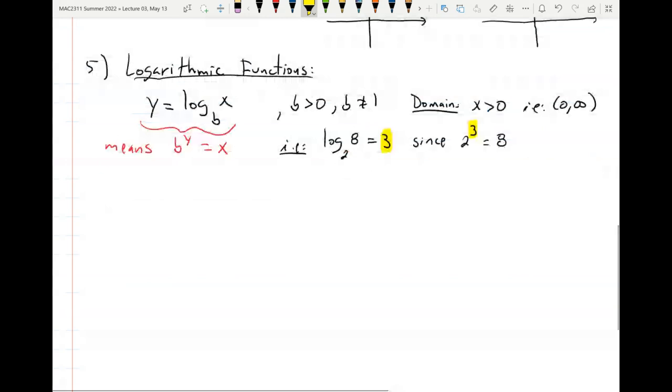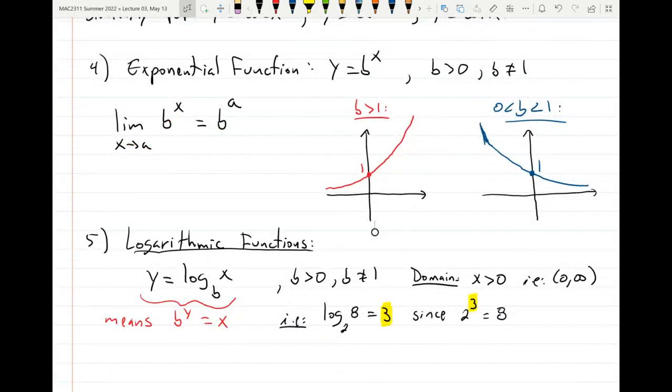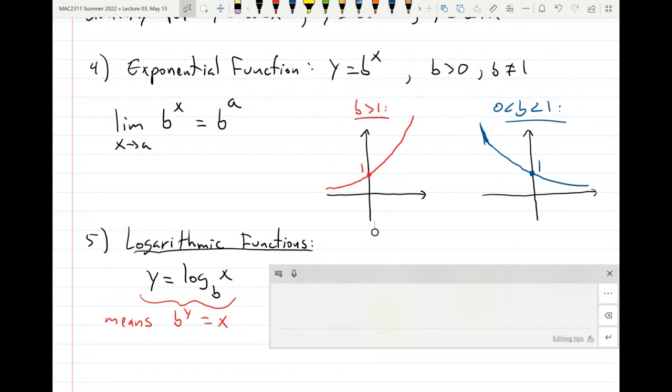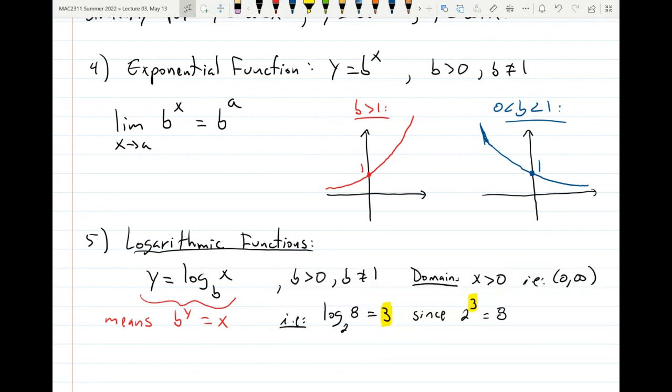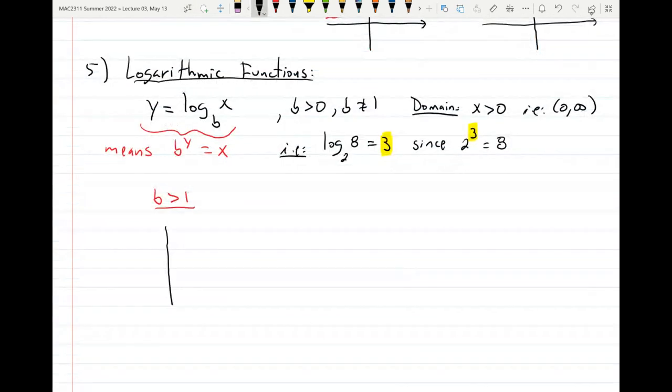And as you know, the graph of the logarithm, just like for exponentials, depends on the base. If the base is bigger than 1, it has a certain shape. If the base is between 0 and 1, then it has another shape. So if the base is bigger than 1, the logarithmic function looks as follows.